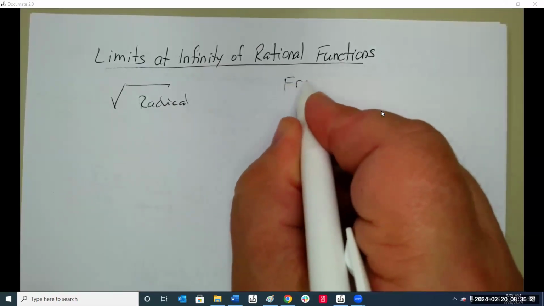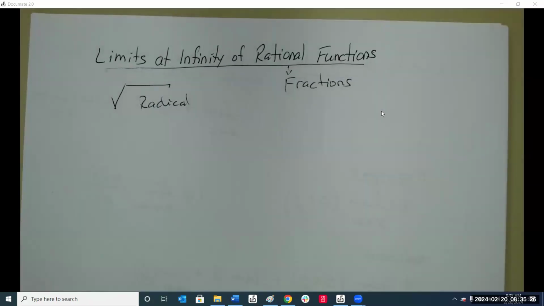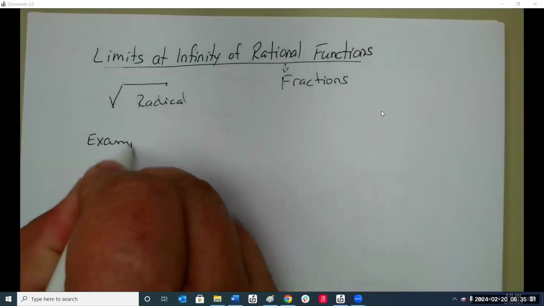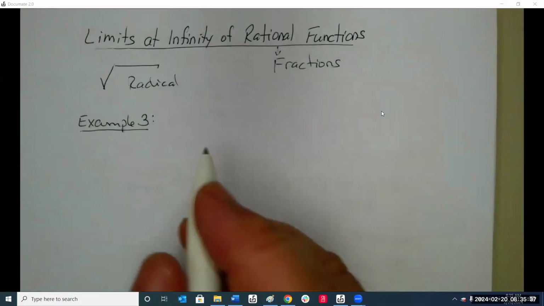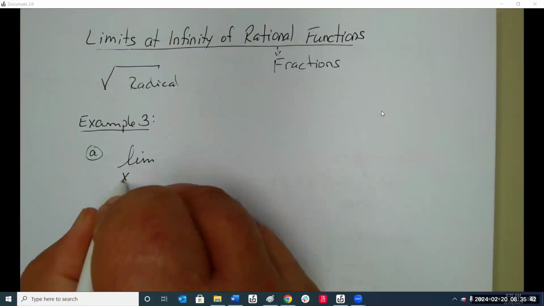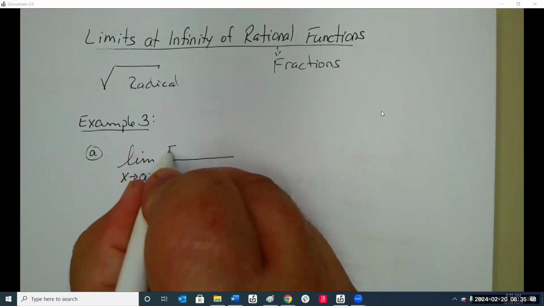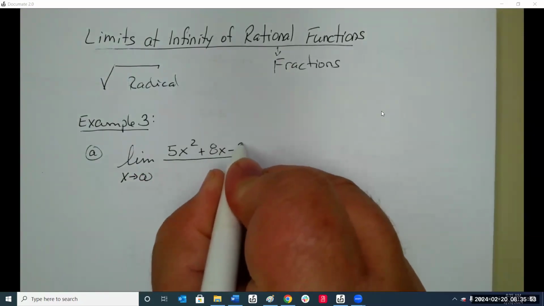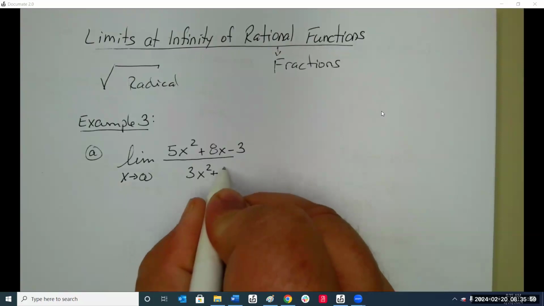Rational are fractions. So example 3: the limit as x approaches infinity of 5x squared plus 8x over 3x squared plus 2.